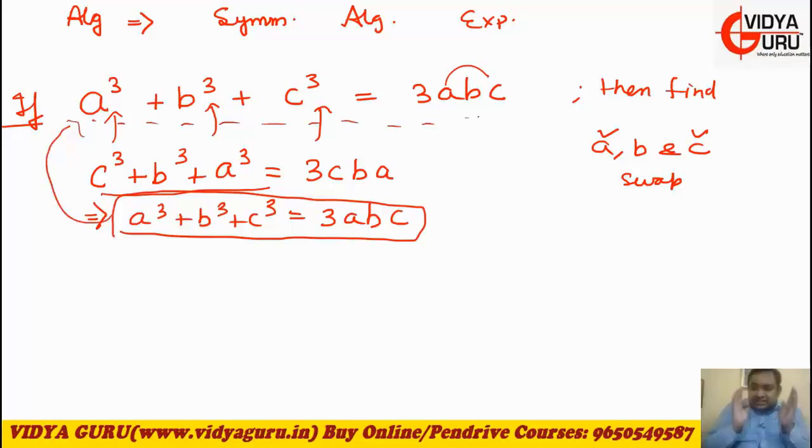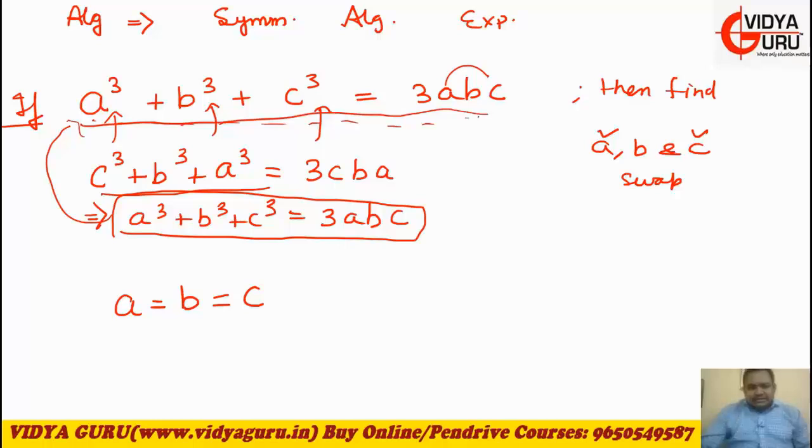This is the real meaning of symmetry. Every variable is given the same treatment. So if this kind of situation is given to you in a question paper, you simply assume that A is equal to B is equal to C. There is no mathematical harm in assuming this.